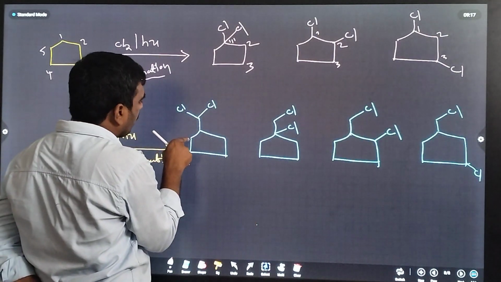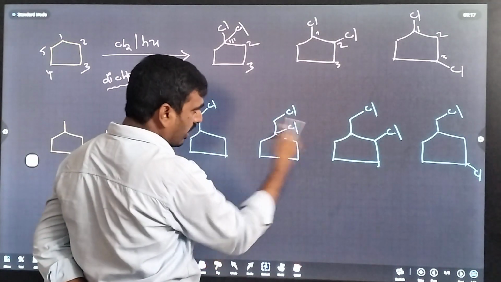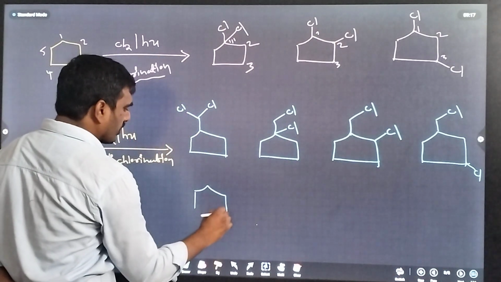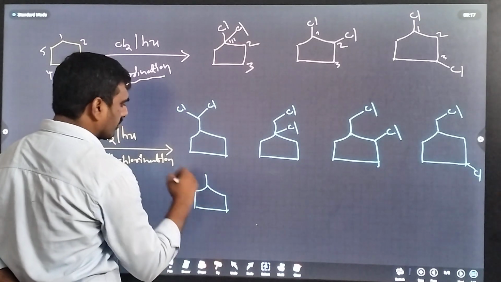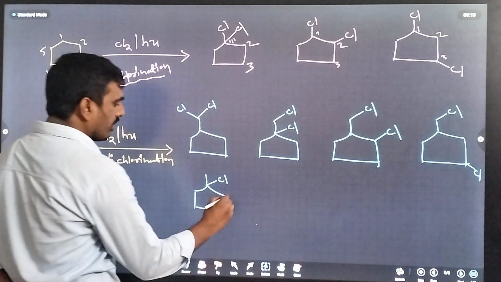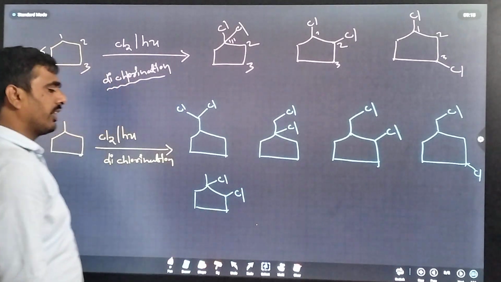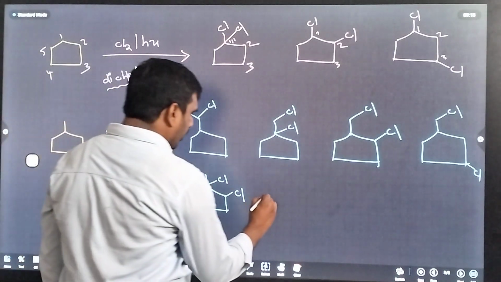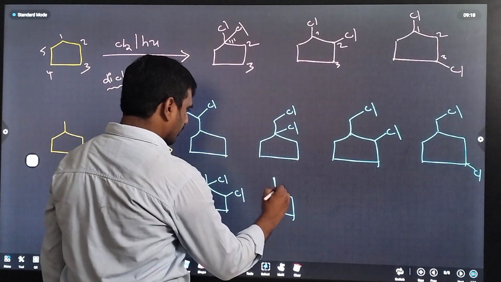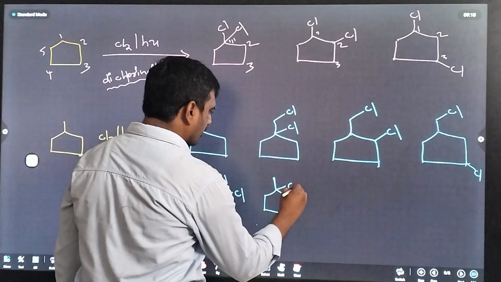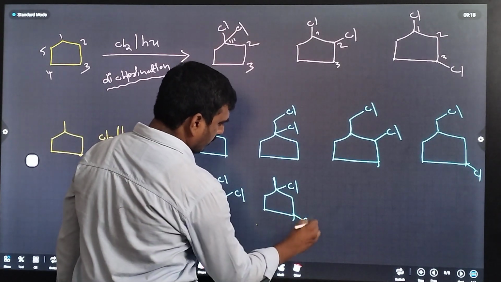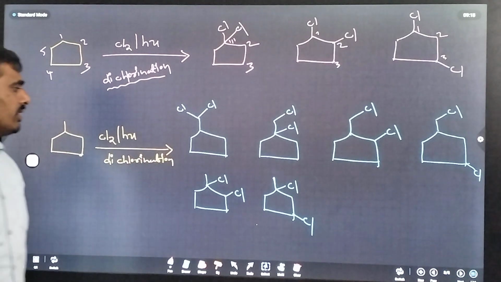If hydrogen is replaced by this carbon, we get a second product, same. So next, two possibilities. Here chlorine, so this is one possibility. Next, another possibility.